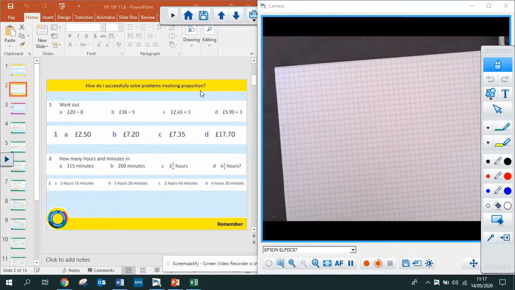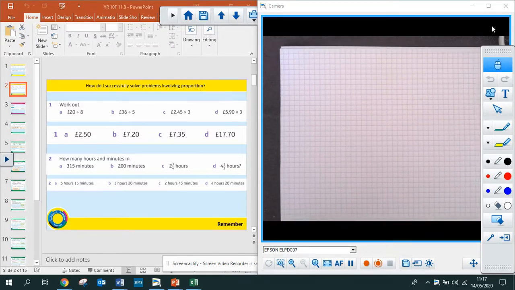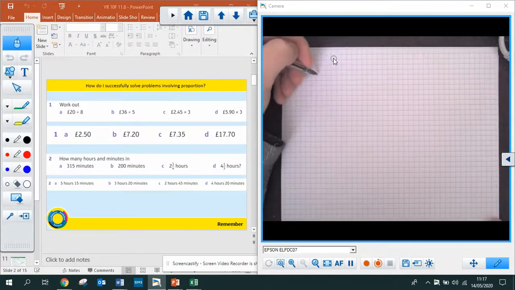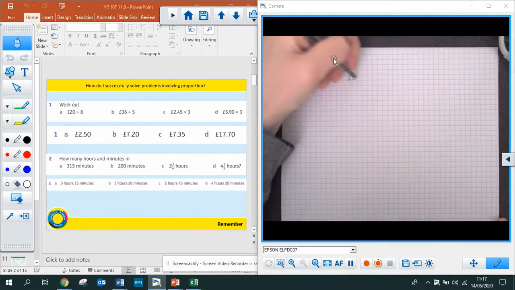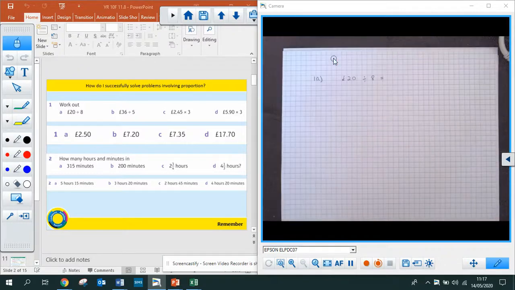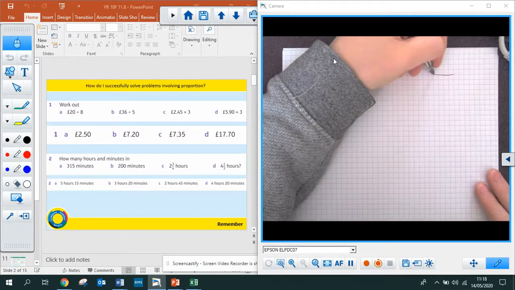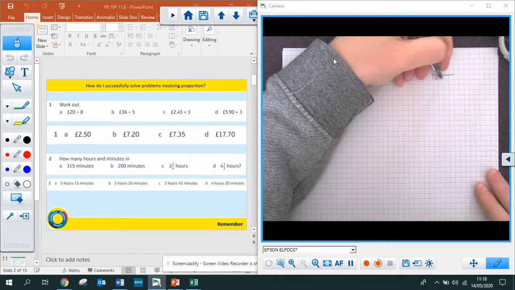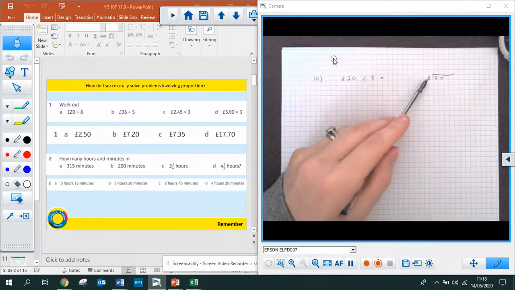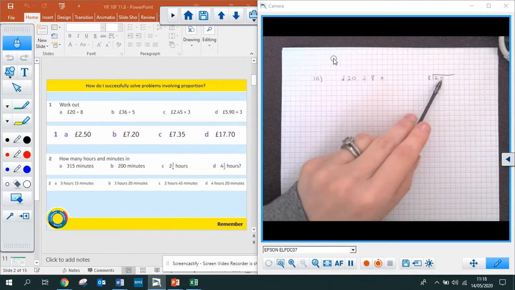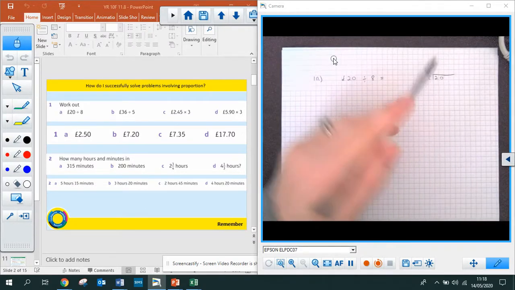So, number one, you had to do 20 pounds divided by 8. You needed to work out, so for 1A, 20 pounds divided by 8. Okay, so you then use your method. So over to the side, you can do your workings. 20 is what's being divided, so it goes under the bus stop and you're dividing it by 8. Okay, 8 doesn't go into 2, but 8 does go into 20 and it goes into 20 twice.